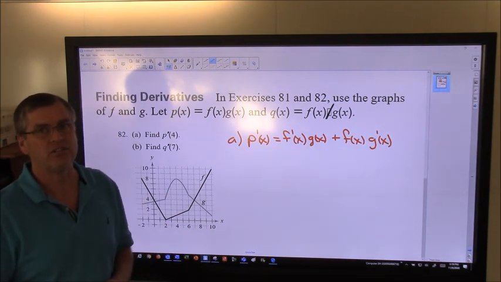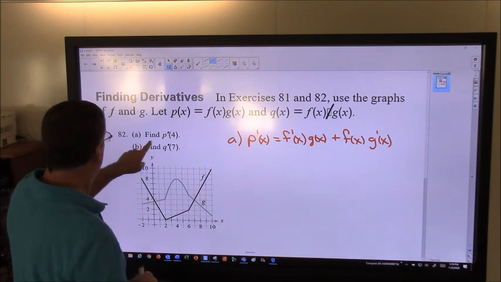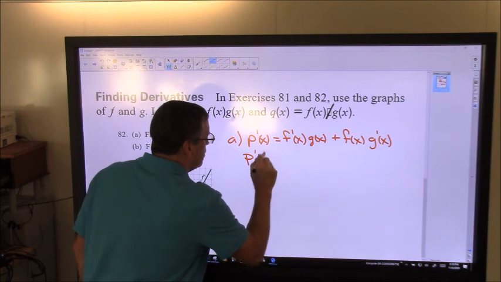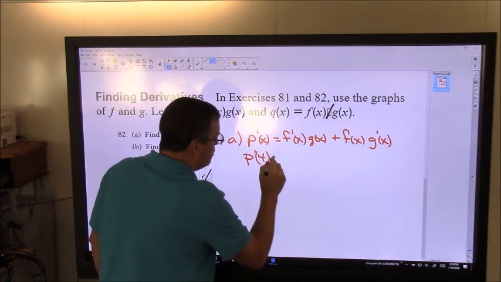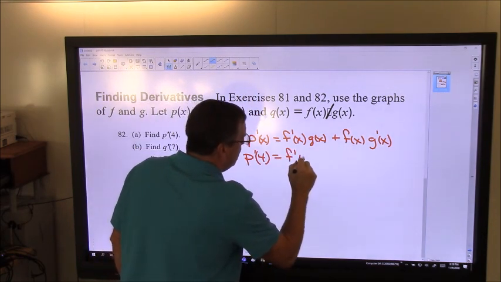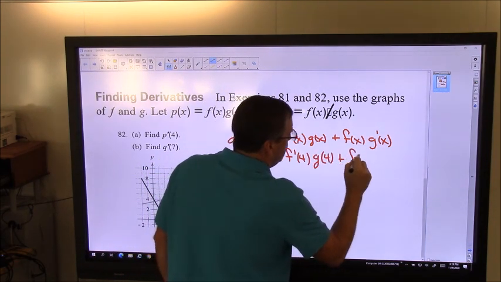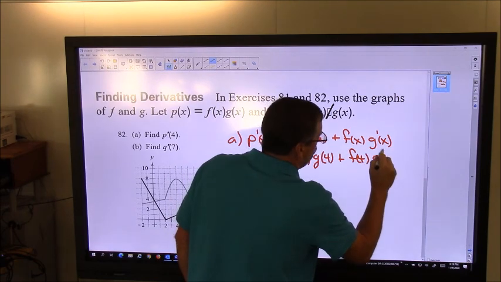That doesn't change. So if I want to know what p prime of 4 is, that means I'm putting a 4 where all these x's are. So f prime of 4, g of 4, plus f of 4, and g prime of 4.